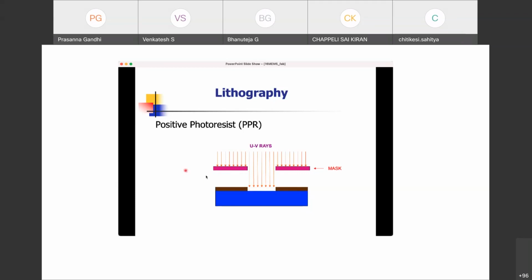places where we have opened a window through which I can pass my chemical and some part of the wafer can get etched, or I can use this window to deposit some other material, so that the material will get deposited only in this place. And at other places, when I remove this photoresist, the material deposited on top of the photoresist also will go away.